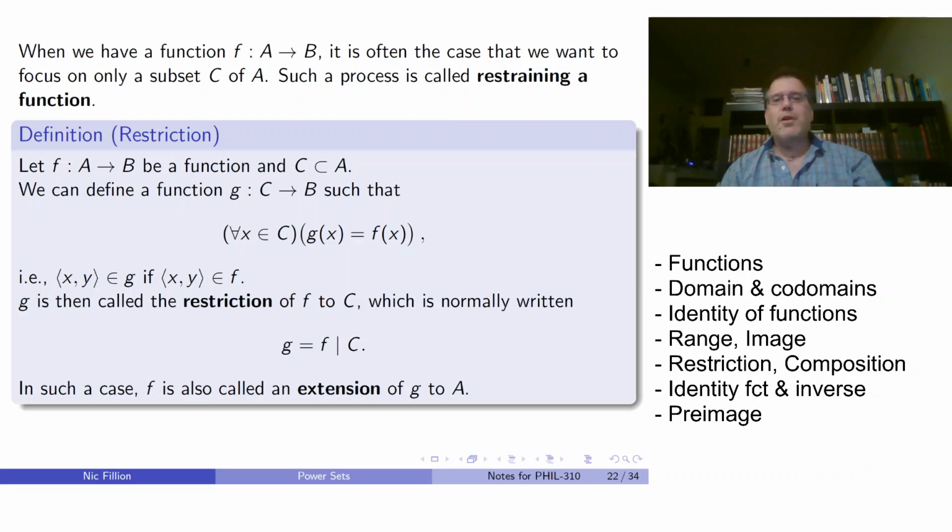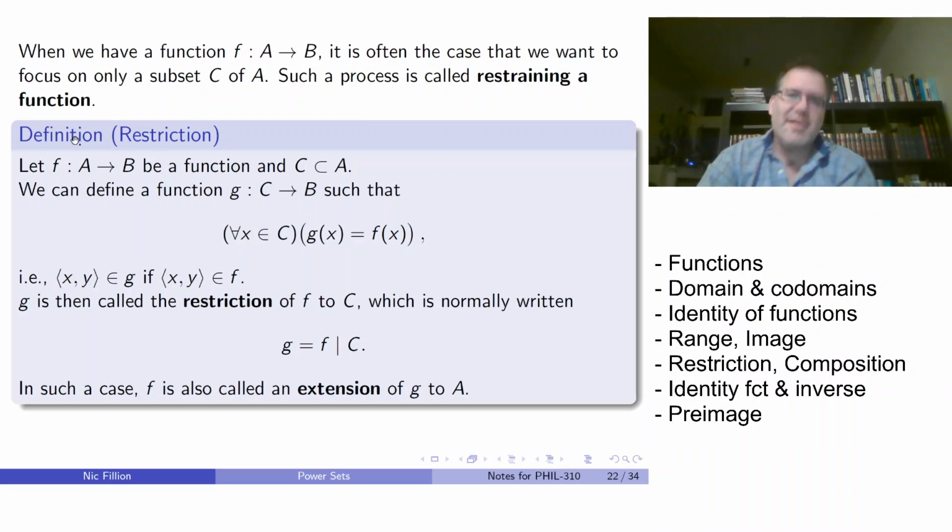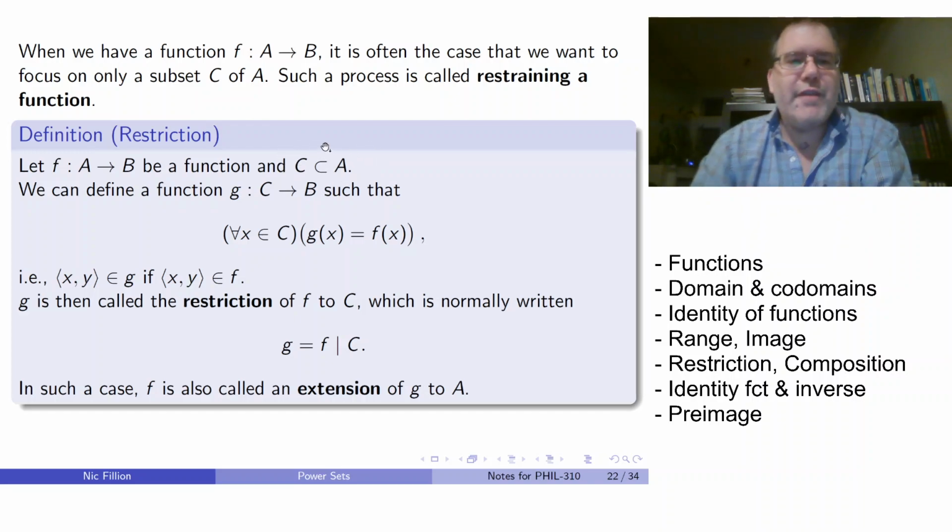And then we're going to define a new function on the basis of f. So from f, we define a new function where C is the domain of that new function. Okay, so start with a function from A to B and take a subset C of A.